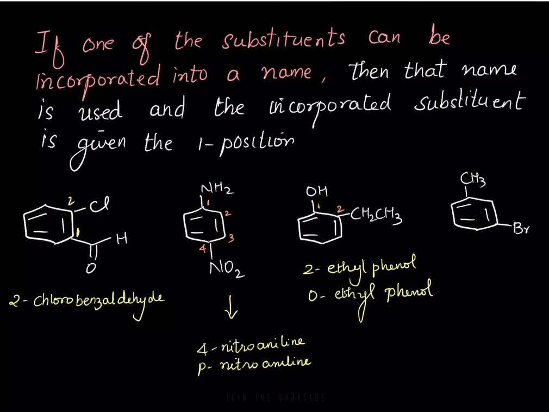So this is going to be number 1, 2, and 3, and it's going to be 3-bromomethylbenzene, and you can also call this meta-bromomethylbenzene.